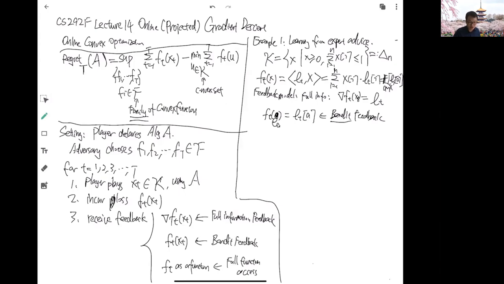But for historical reasons, people are calling this bandit feedback, right? And in this case, learning from expert advice with bandit feedback is essentially the adversarial bandit setting, where the casino can be rigged, and the casino can even change which slot machine is the best after every step, depending on your choices of which machine you prefer.